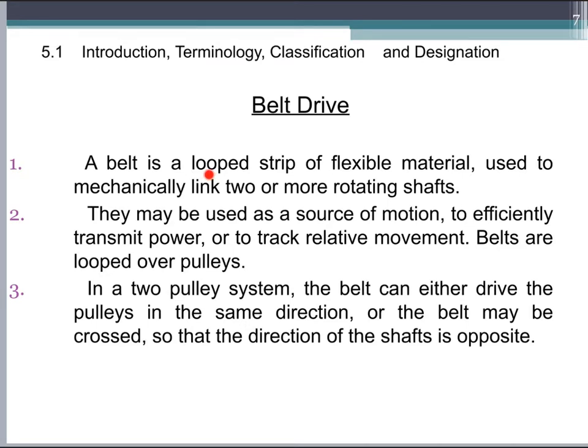Belts normally are made from flexible material, and are used to link 2 or more rotating shafts by using pulleys. Usually belts are looped over pulleys, and these pulleys are attached to the shafts. In a two pulley system, the belt can run in the same direction or can be operated in opposite direction.